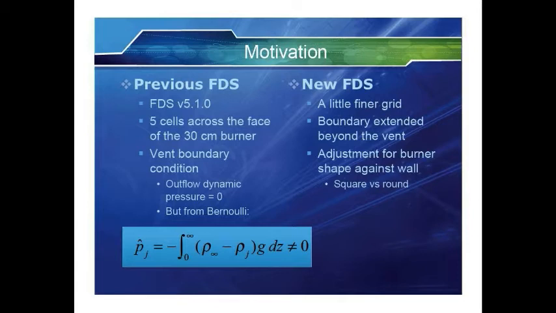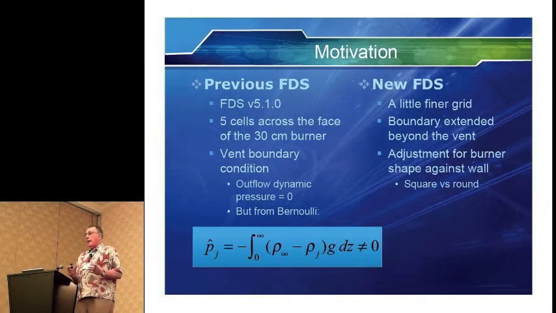The other thing they did is, it's a square burner. Maybe you can make these cells up so that it looks a little bit like a round burner. But in these experiments, we put the burner against the wall, and it was a round burner, so it doesn't fit tight against the wall. When you put a square burner against the wall, you cut off one side.